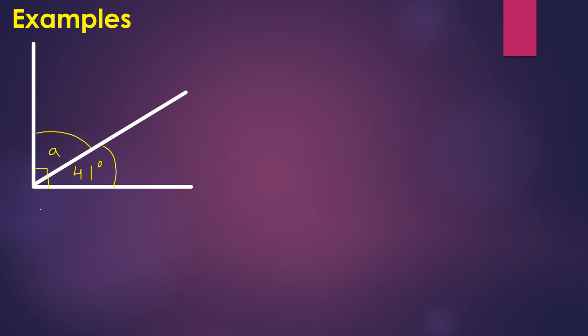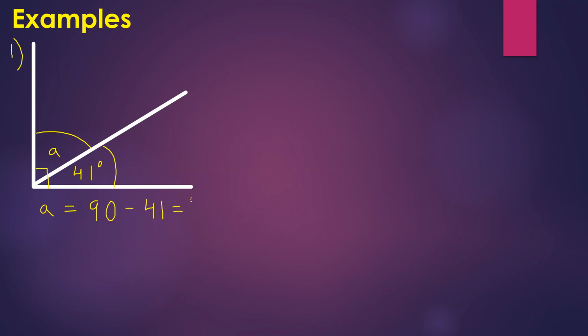So the question is, what must A be? How are we going to find the angle for A? We have to take 41 from 90. So 90 minus 41. What is 90 degrees minus 41 going to be equal to? 49. So 90 minus 41 is 49 degrees.